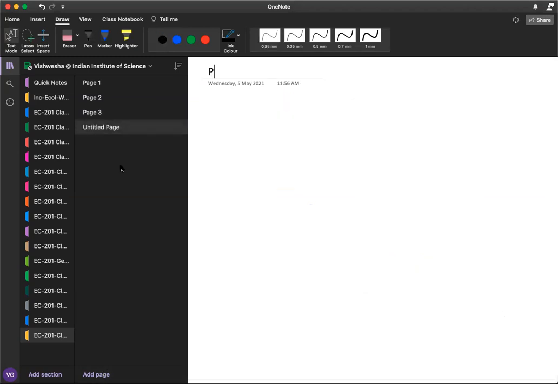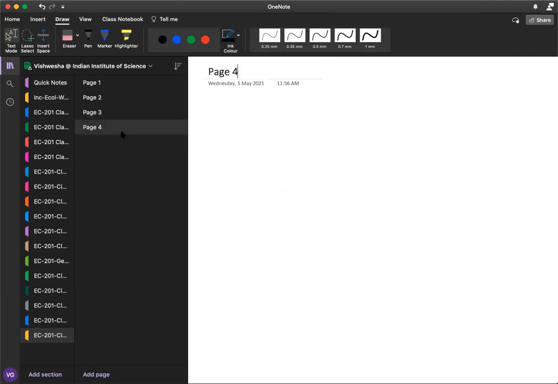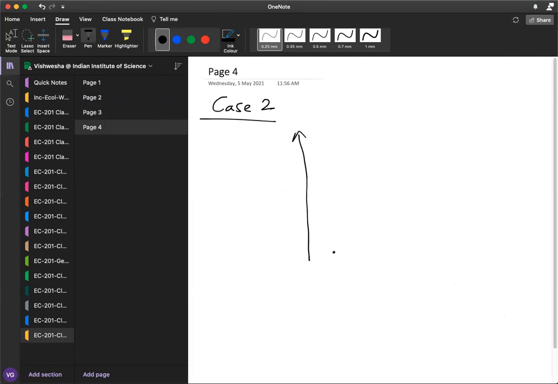And so we can begin to write down additional cases now. So we can write down case 2. Again, think about it in a graph. I hope to write a better graph now. N1, N2.